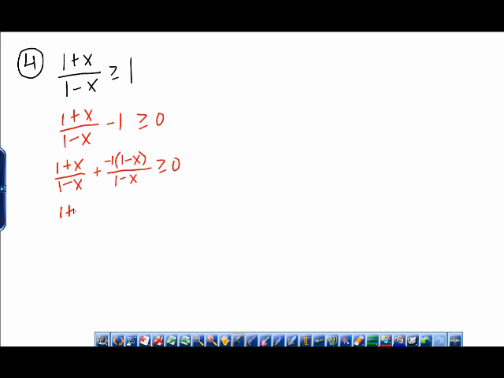So then I have 1 plus x, and then plus negative 1 times (1 minus x), so that's minus 1, and then plus x, all over 1 minus x, greater than or equal to 0. The 1's cancel to 0, and then I get 2x over 1 minus x, greater than or equal to 0.